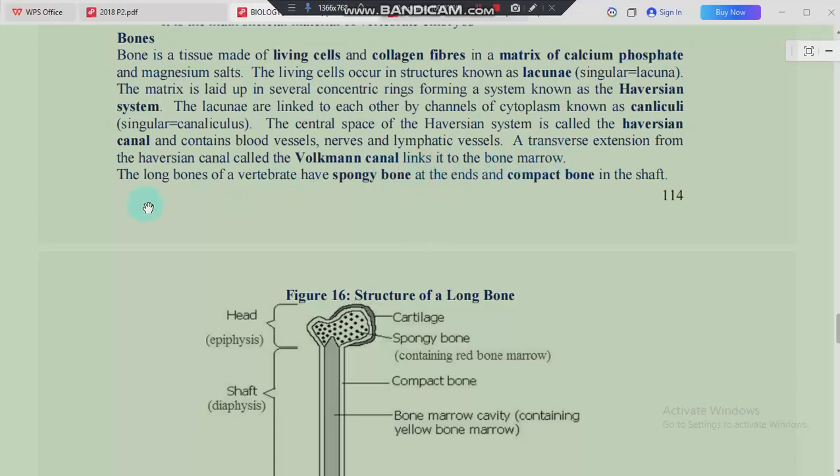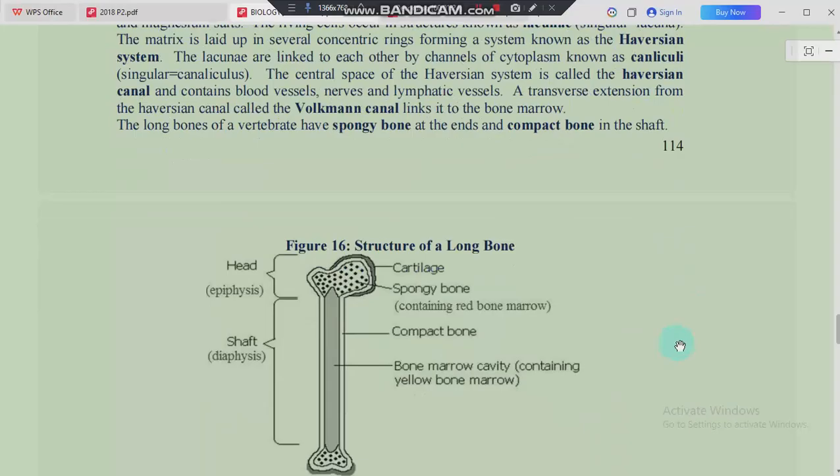to the bone marrow. So the long bone of a vertebrate has spongy bone, and compact bone at the end of the shaft. We can have a simple example here.